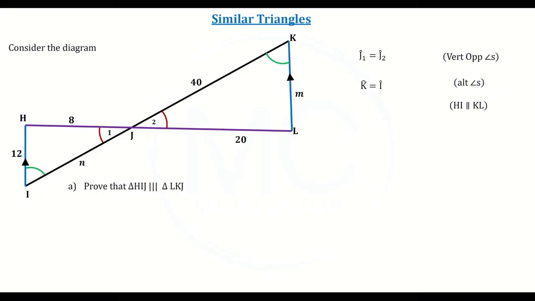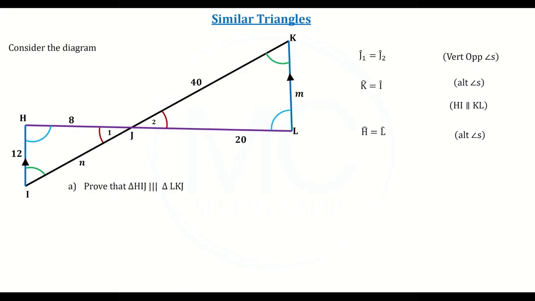So these are also alternative angles. So let's mark these angles in blue. We know that alternative angles are equal. So we can say angle H is equal to angle L because these are alternative angles. We've already said that HI is parallel to KL, so we don't need to write this reason down again.